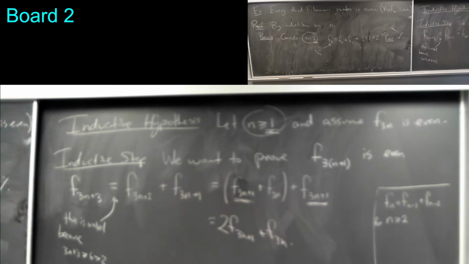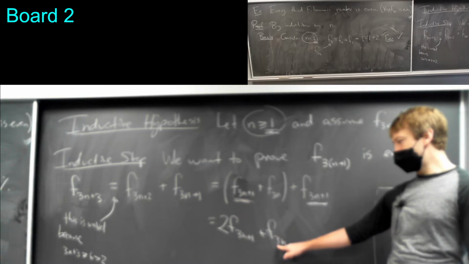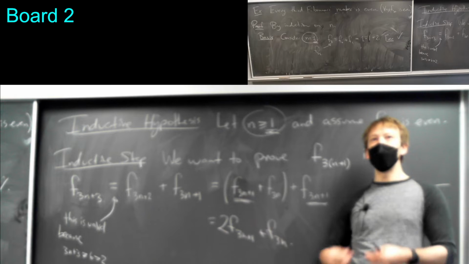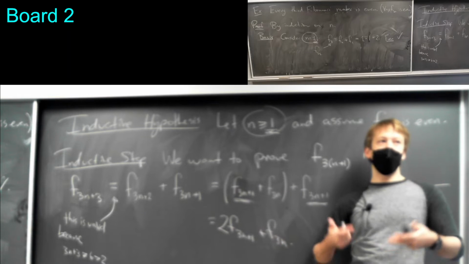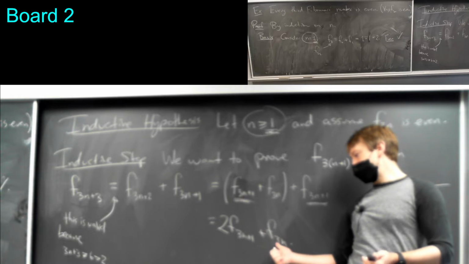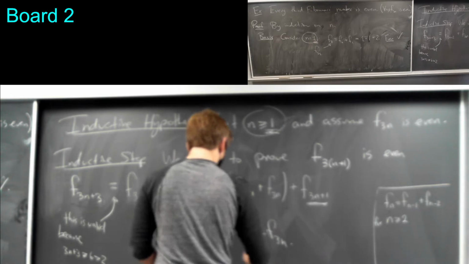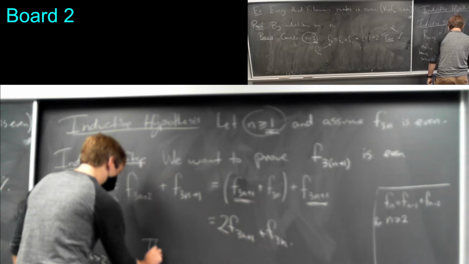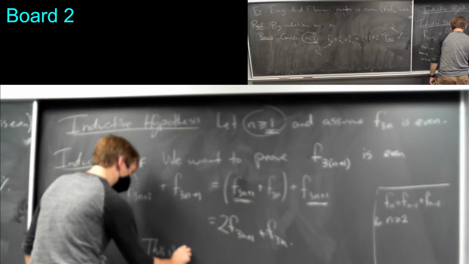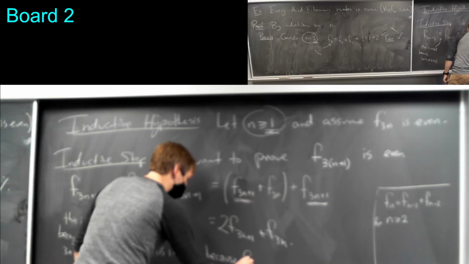Yeah, exactly. So we know that by the inductive hypothesis, this one is even, and then we're adding 2 times a number to it. Any 2 times a number is even. So I'm taking an even number plus an even number, so it's an even number. So this is even because f of 3n is even.